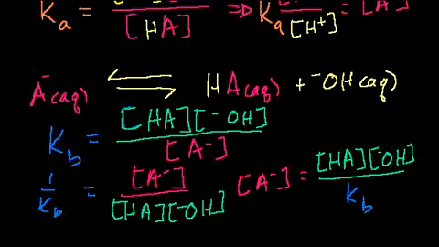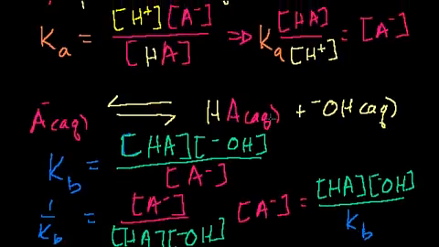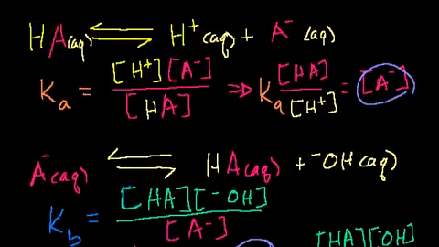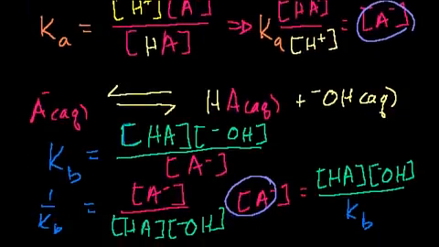Now, these are the same reactions, right? In either reaction, for given concentrations, I'm going to end up with the same concentration. This is going to equal that. These are two different ways of writing the exact same reaction. So let's set them equal to each other.